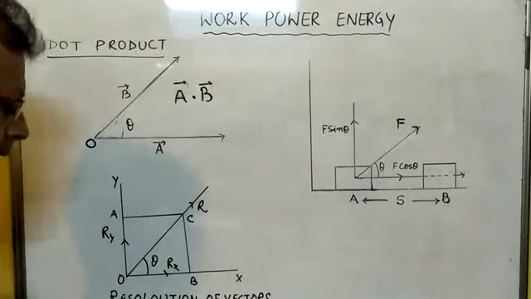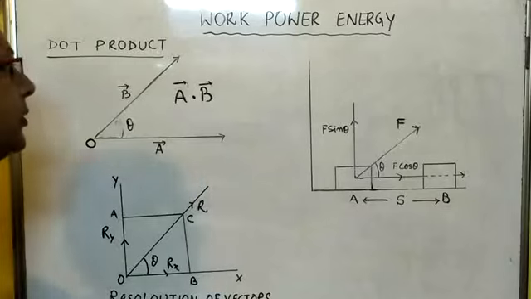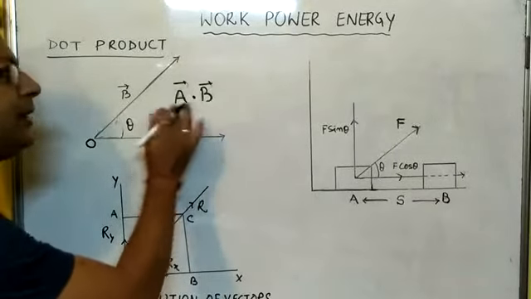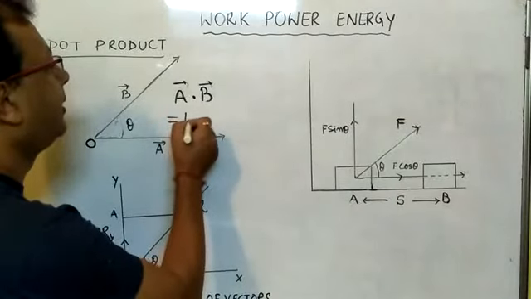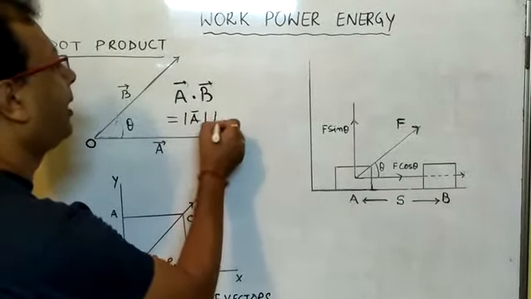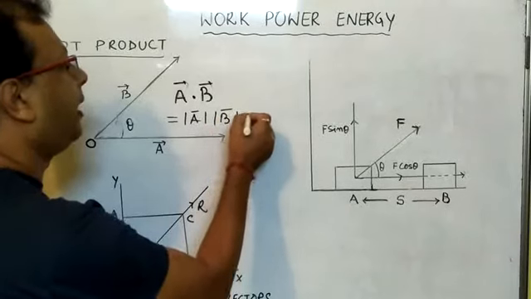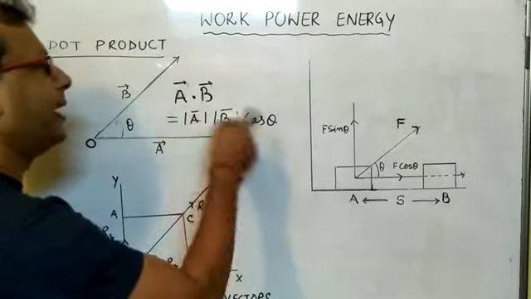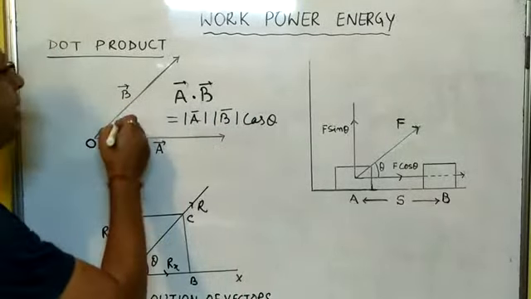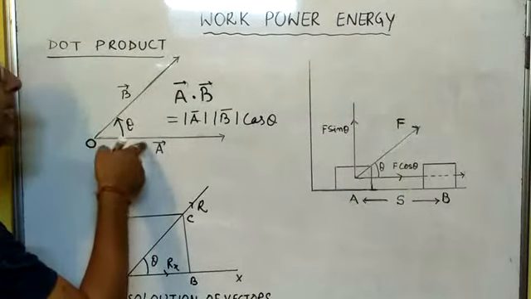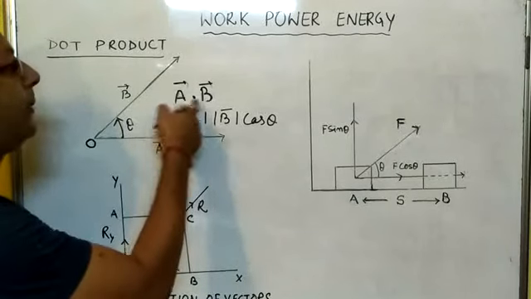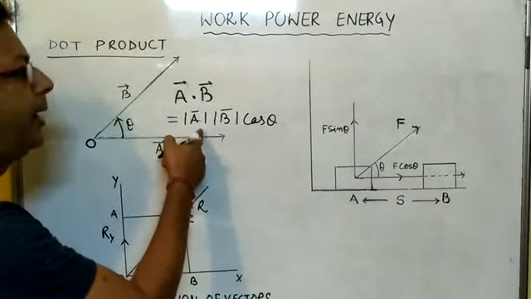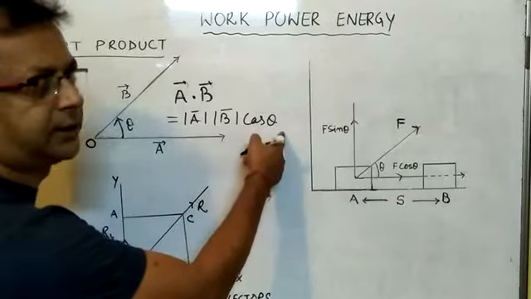That is called a multiplication of vectors. According to the definition of the dot product, A bar dot B bar is equal to mod A bar into mod B bar into cosine of the angle between them. The angle between A bar and B bar is theta. So, A bar dot B bar is mod A bar into mod B bar into cos theta.